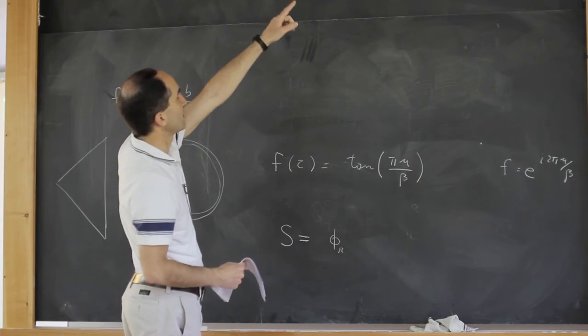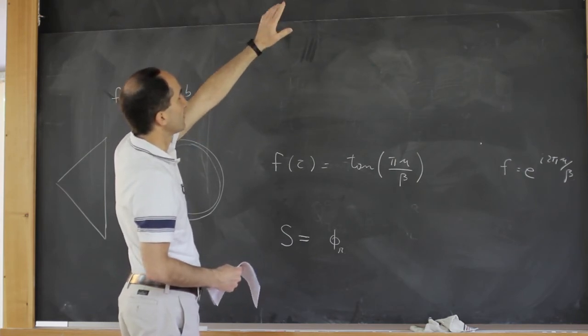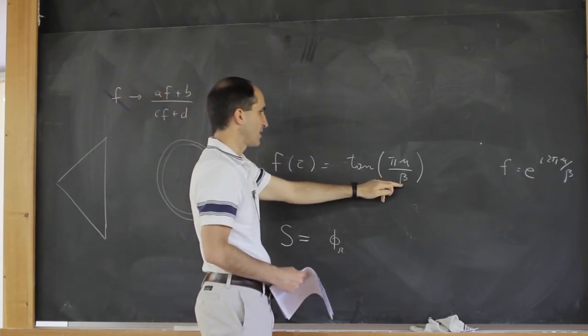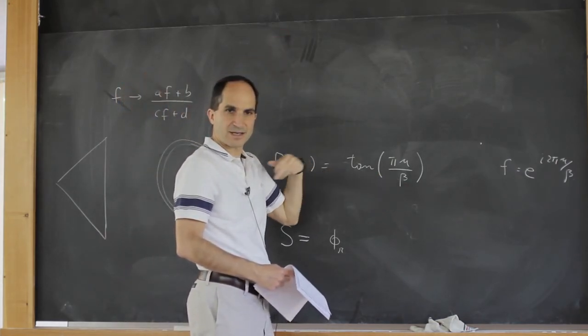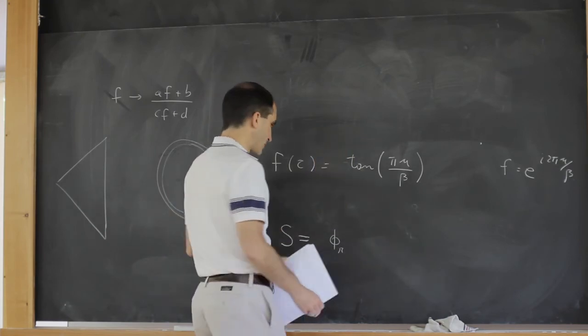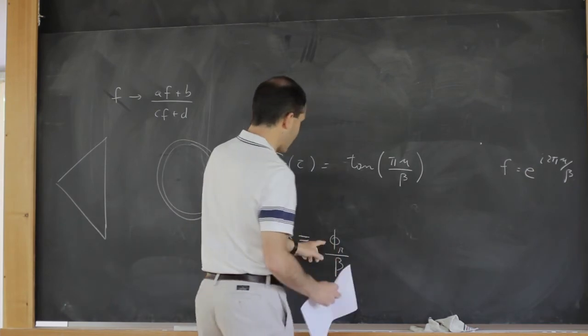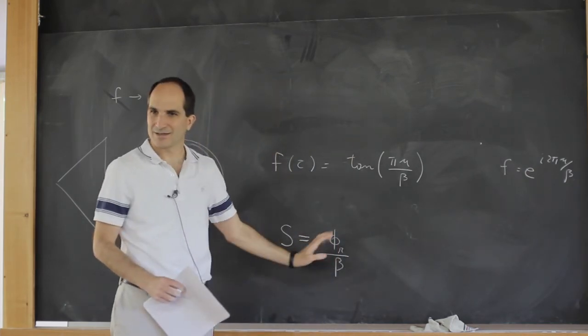Since we said that the action had two derivatives, the Lagrangian will be proportional to two derivatives, so that will be 1 over beta squared. We integrate over beta, so the whole thing then has a beta dividing here. I'm not writing the numerical coefficients, but we could easily write them down.